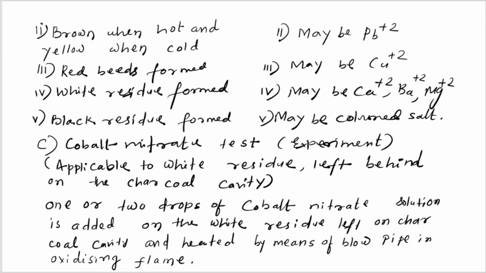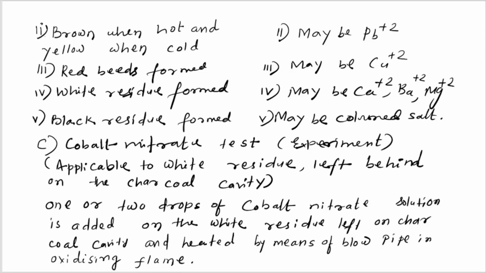Third is the cobalt nitrate test. Cobalt nitrate is a very easy one. Here, you apply the cobalt nitrate test where the salt, after heating on the charcoal cavity, forms a white residue. Then only can one do the cobalt nitrate test.